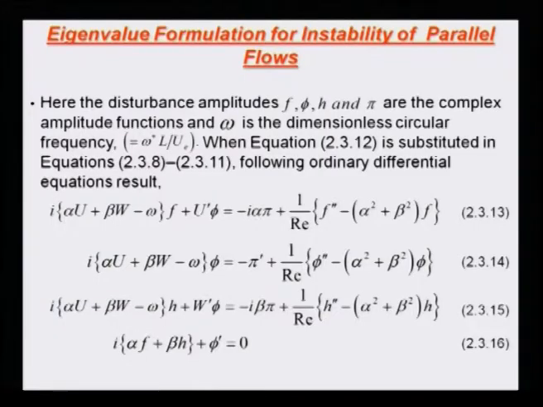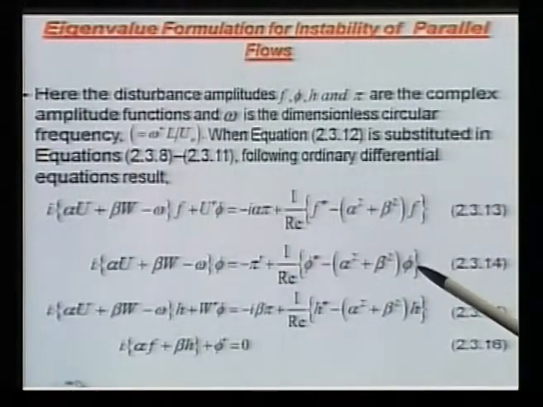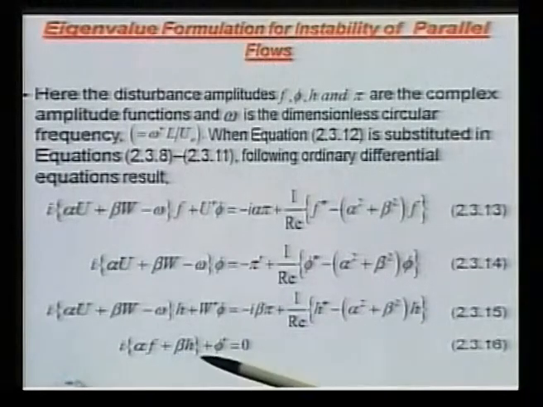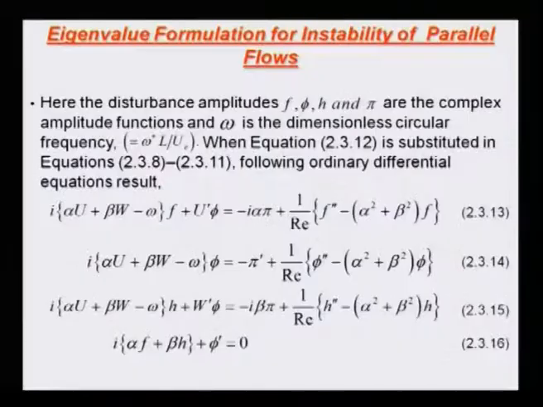Then of course, you can see f is an unknown, f prime is an unknown here, right. From here I will get phi and phi prime as unknown, and here h and h prime as unknown, and this relates f and h with phi prime. So, this is basically a sixth order system, that is what I am trying to point out to you. But there is an alternative way of looking at it by simplifying it.